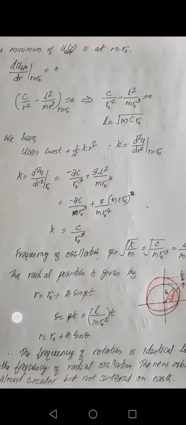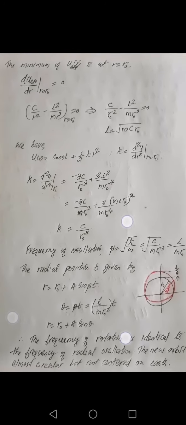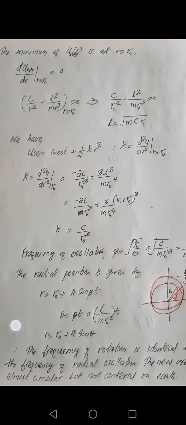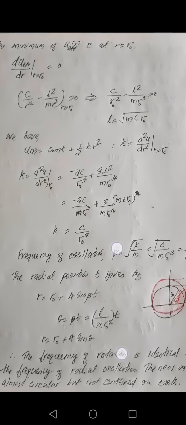In order to avoid that complexity, I choose a sin beta t. At t is equal to 0, sin 0 is 0, therefore the initial value of r is r0 itself. But as we know, beta t is theta, that is theta is equal to beta t, or L by m r0 square into t, or r is equal to r0 plus a sin theta.